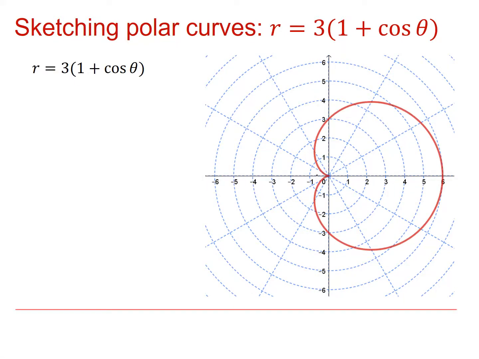There's the plot for you, and you might think it looks a bit like a heart shape, and in fact we refer to this as a cardioid. Again, later on we'll look at what happens as we vary these things.